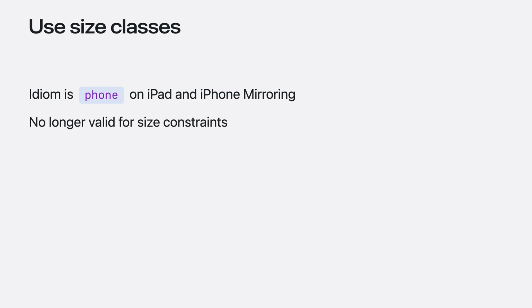Stop checking the user interface idiom for any layout decisions in your code. Use size classes instead to handle sizing constraints such as collapsing menus and updating your app's layout for the available space. If you need finer control, use the surrounding view size like I mentioned earlier.